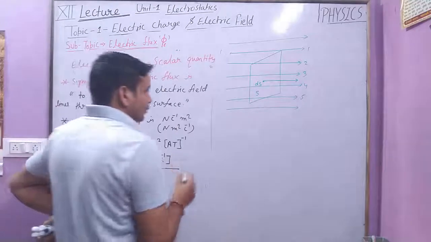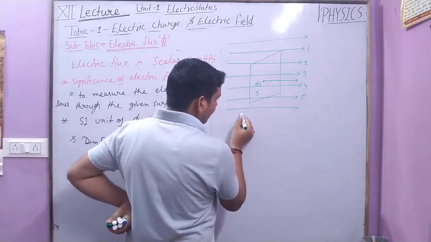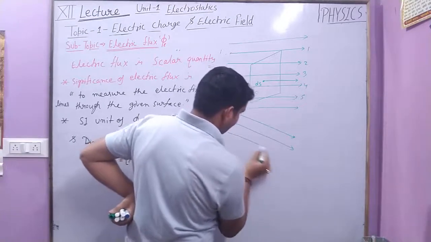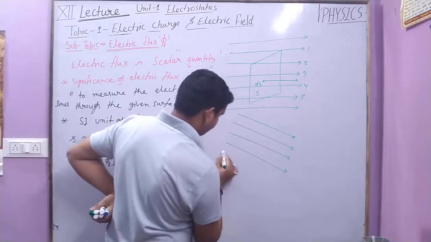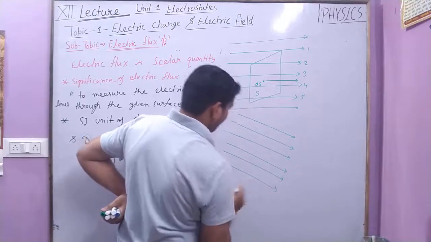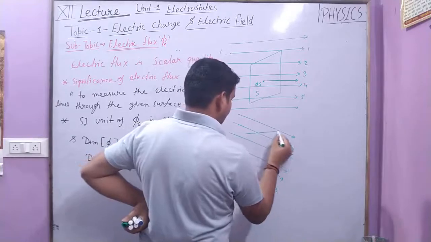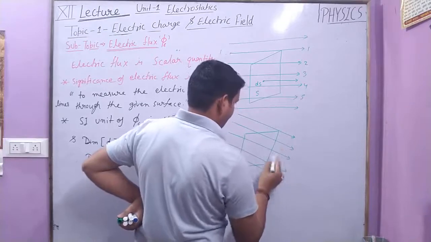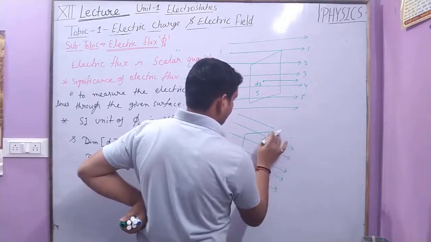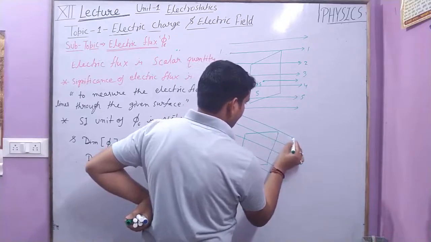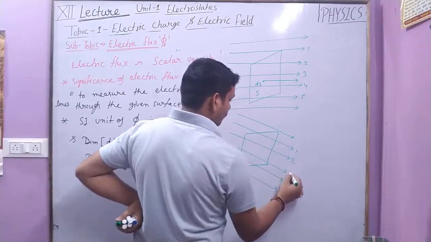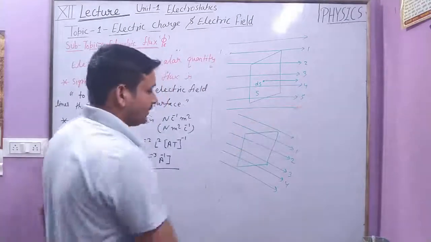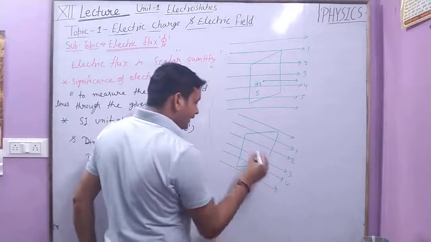Okay, and second situation is if the electric field lines are passing through the surface by making an angle, from the same surface there are 1, 2, 3 and 4. Initially the 5 lines are linked with the surface, but here only 4 lines are linked with the surface.